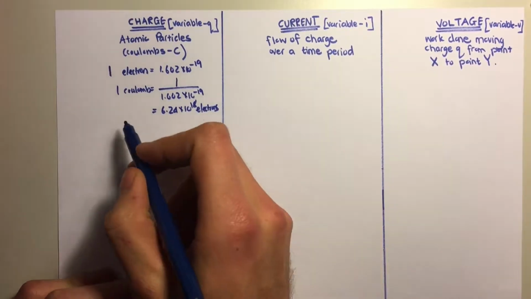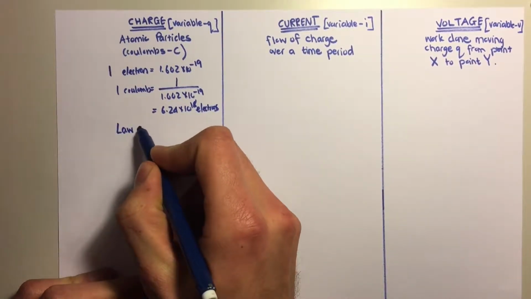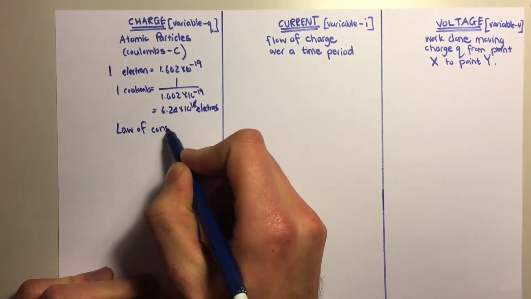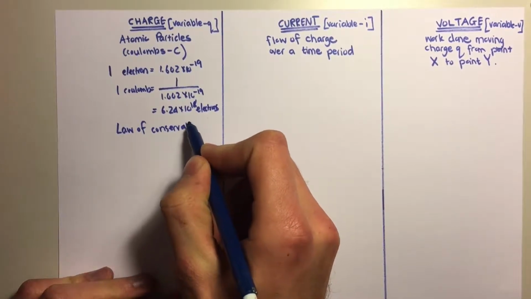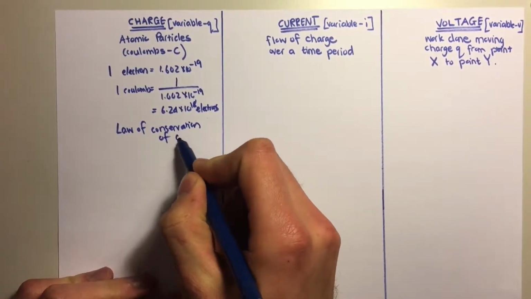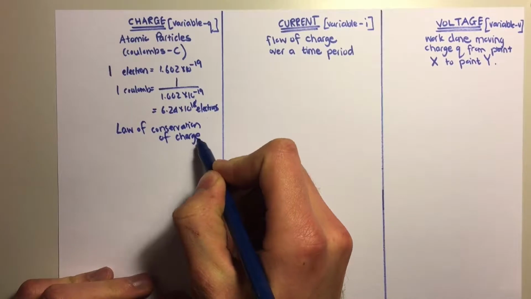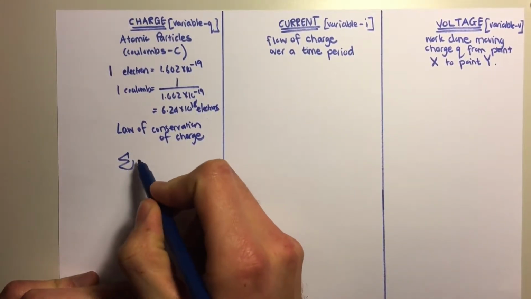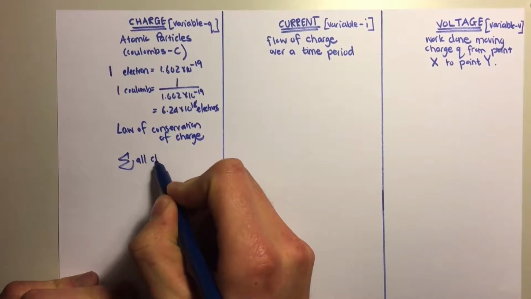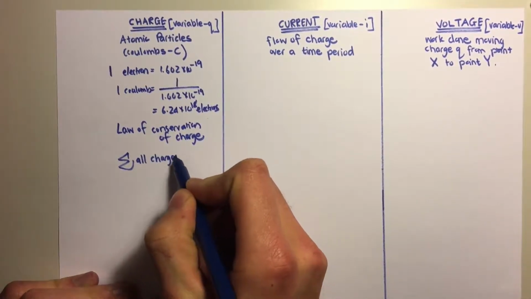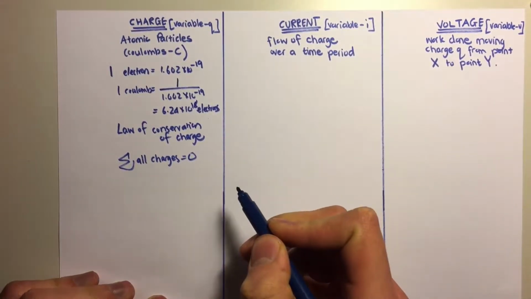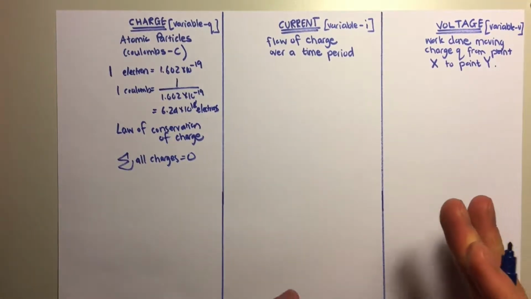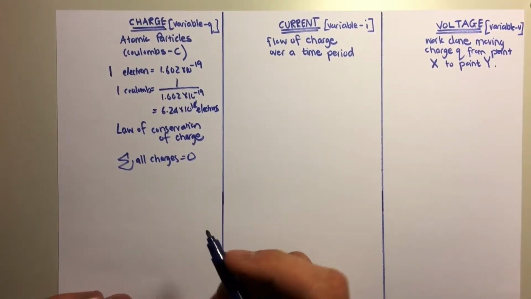That's basically all on charge, except for the law of conservation of charge. So what is this in circuit theory? Well, in circuit theory, this means that the sum of all the charges within the circuit must equal 0, because whatever charge goes in must also come out.